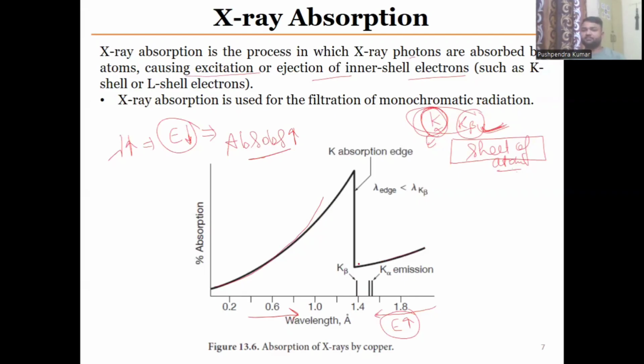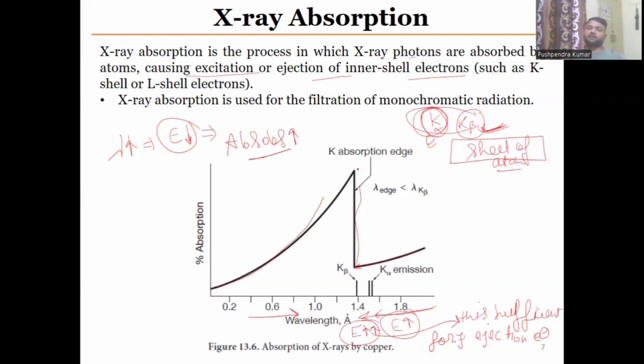But if we further decrease the wavelength, the energy is highly increased. Now this energy is sufficient for the ejection of electrons from a particular shell, K shell or L shell. At this point, the absorption increases sharply.